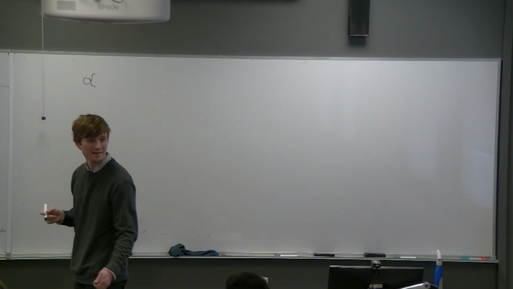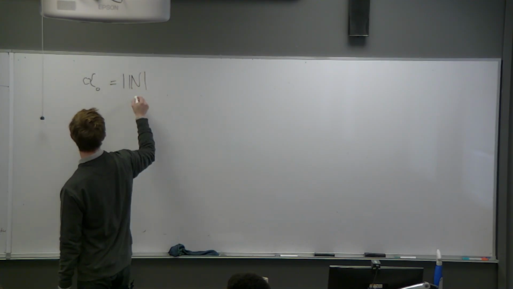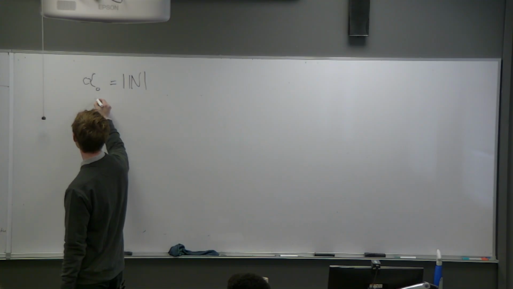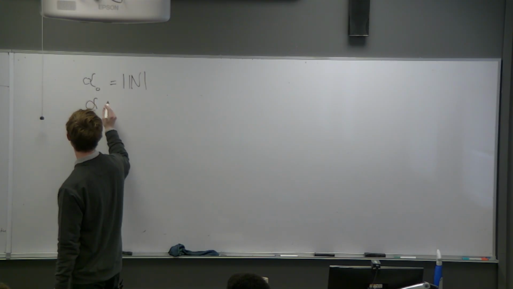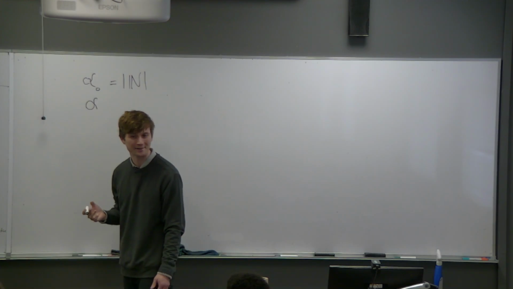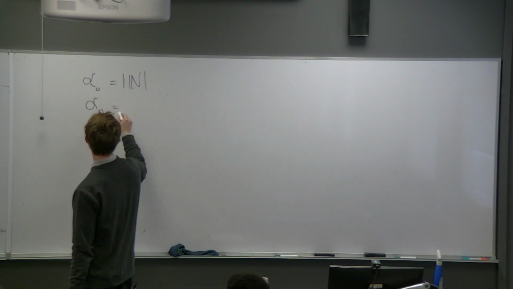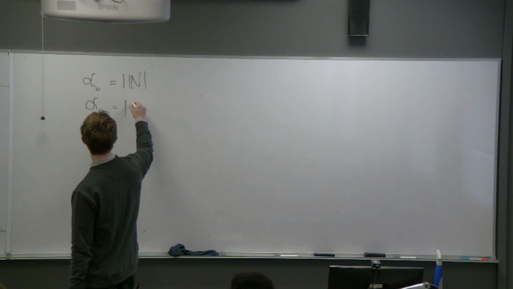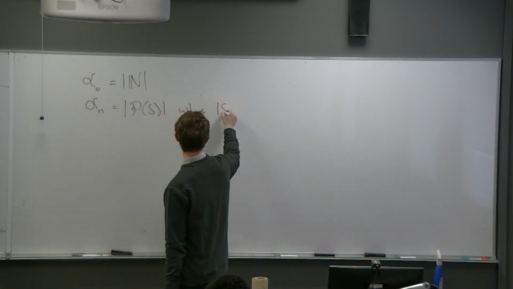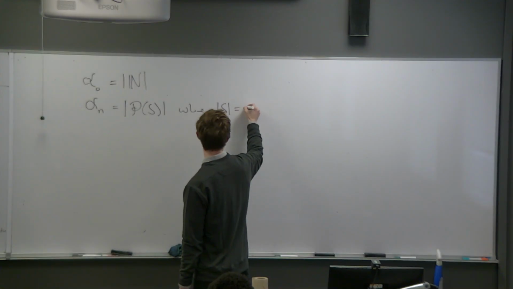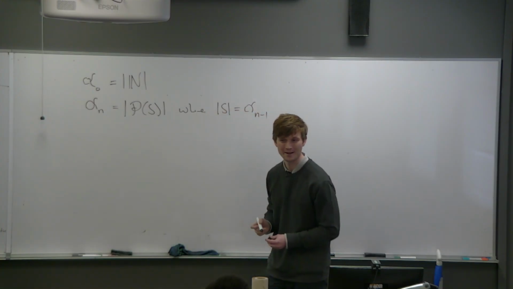Call Aleph naught the cardinality of the naturals, and then you could recursively define Aleph n to be the cardinality of the power set of the set S, where the cardinality of S is equal to Aleph n minus 1, right?